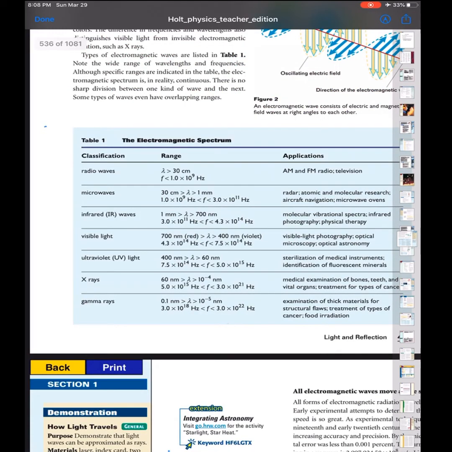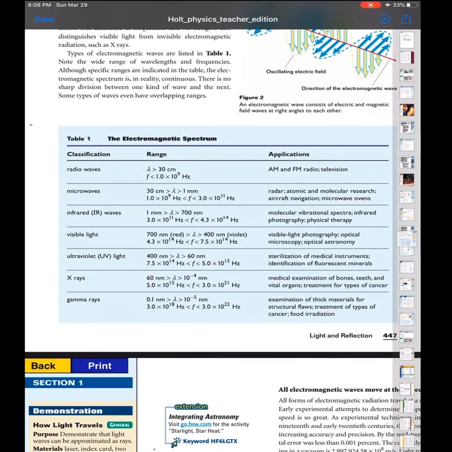The classification of the electromagnetic wave: it has the speed of light. And there is an important note: for electromagnetic waves we don't need anything to transfer through.